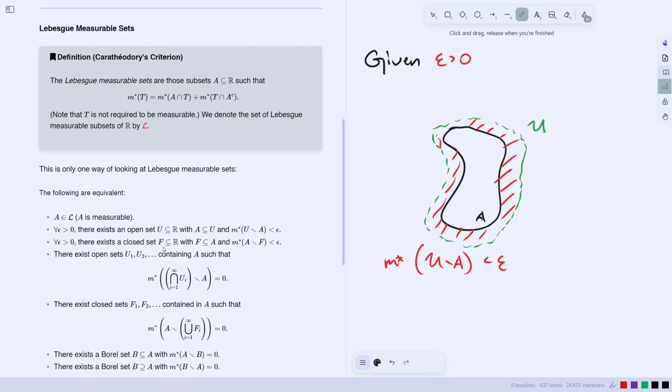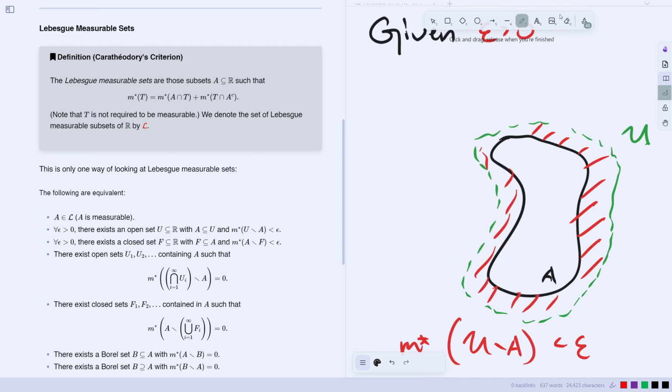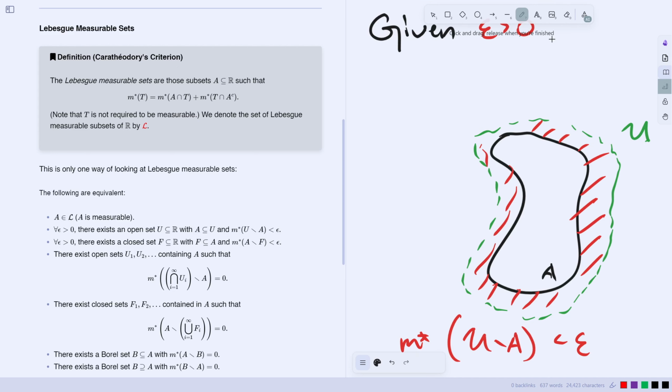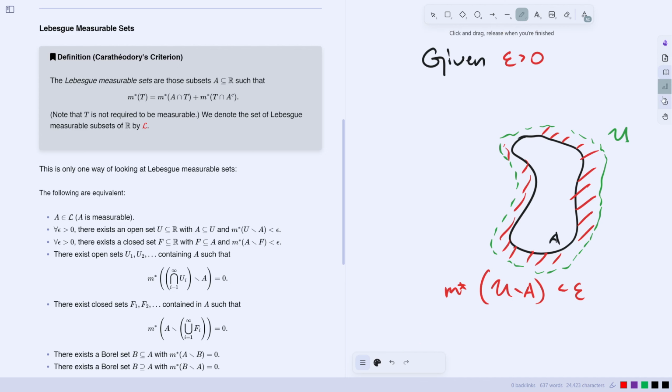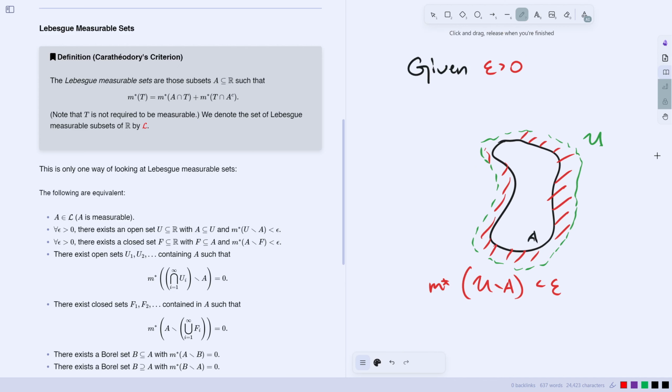And then with the closed sets, it's the exact opposite. You're approximating A from the inside with closed sets where the error is less than epsilon. So we'll go ahead and draw that. Getting used to this new setup has been quite something.